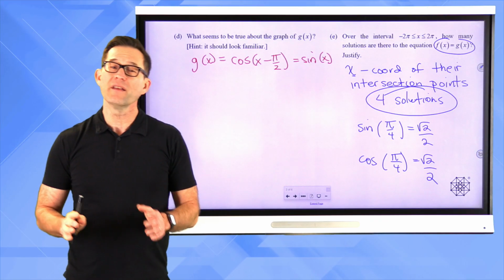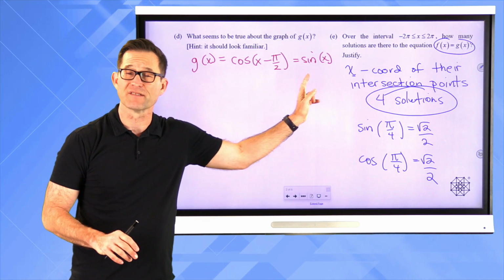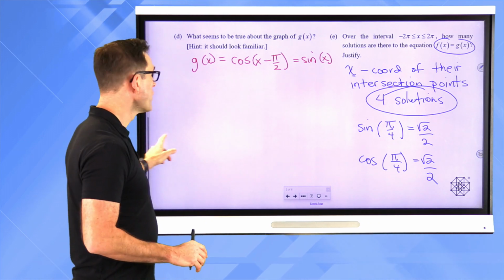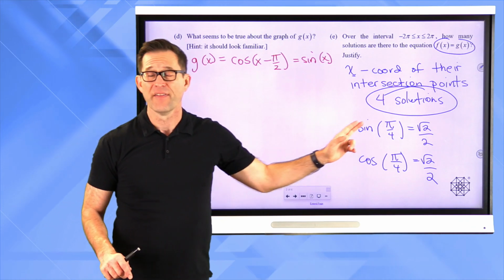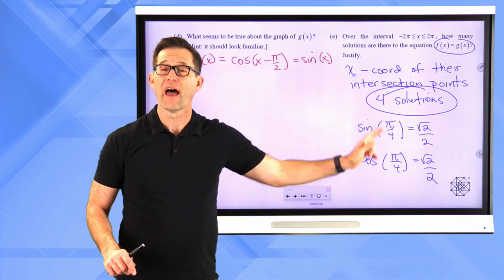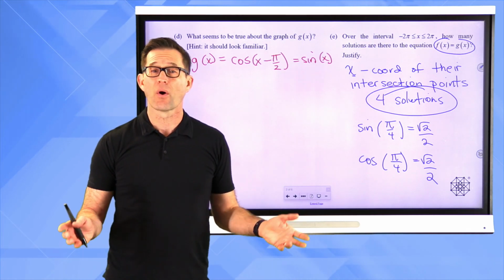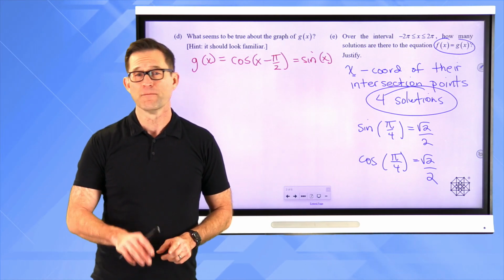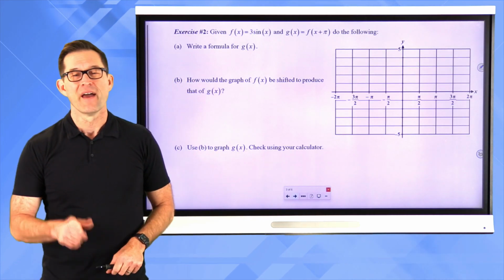So it makes complete sense, given that cosine of x minus pi over 2 is the same as sine x. We're really trying to solve the equation, where is sine x equals cosine x, and that most certainly does occur at pi over 4. It also occurs at those other three circled angles, which are all integer multiples of pi over 4, but we're going to let that go for right now. Let's keep going. Exercise number 2.